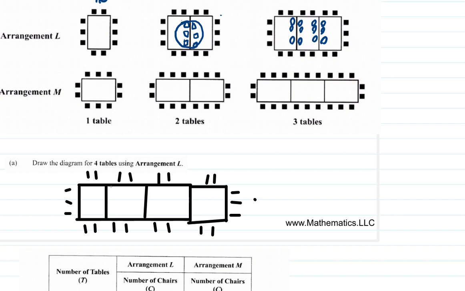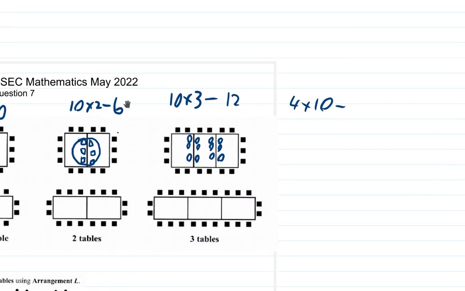You would minus 1, 2, 3 for this table here, 1, 2, 3 for this table here, 1, 2, 3, 1, 2, 3, you see, 1, 2, 3 tables, 1, 2, 3 tables. So it's 3, 6, 9, 12, 15, 18. So you would remove 18 chairs. So you minus 18.